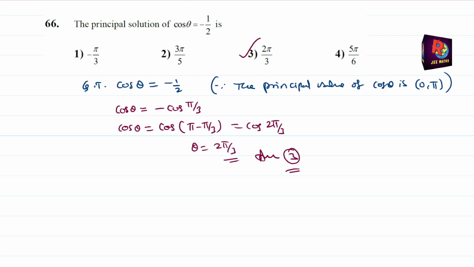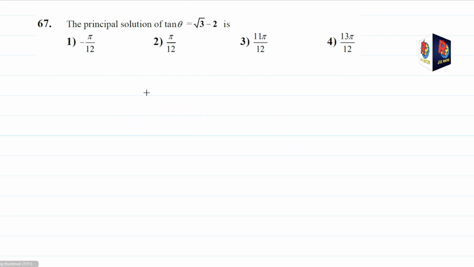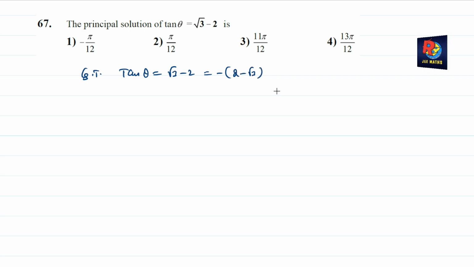Next one. In this you can observe this better. In the 67th one, here also we can observe that tan theta value equals root 3 minus 2. So if I take minus, it will be 2 minus root 3.